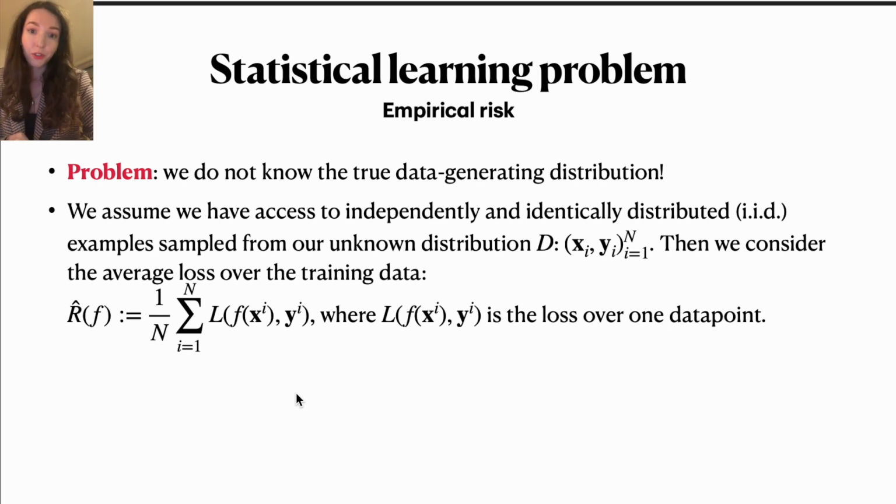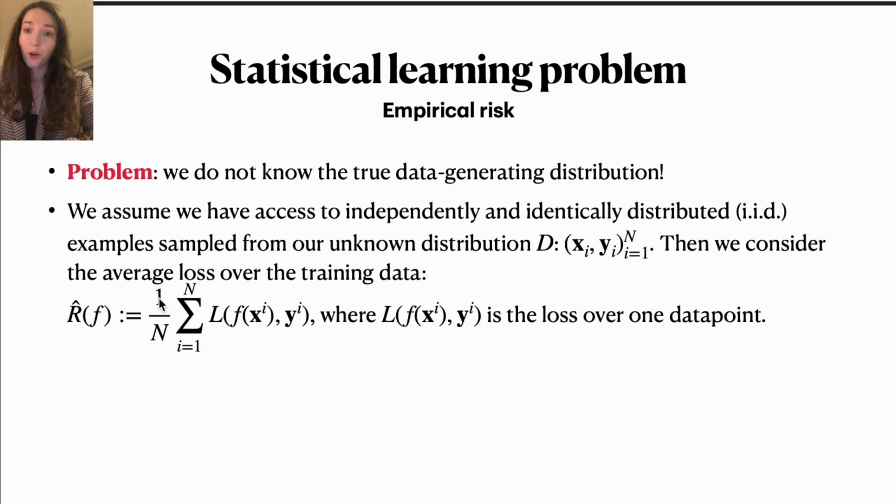So we usually assume I have some data, some x_i, y_i, and capital N samples of this, which I assume are IID samples from my data generating distribution. So I can only compute my risk using these samples. I can only compute what we call the empirical risk, which is defined as follows.